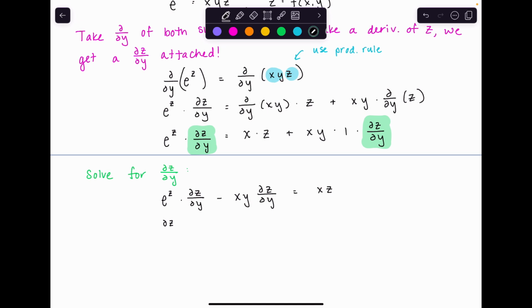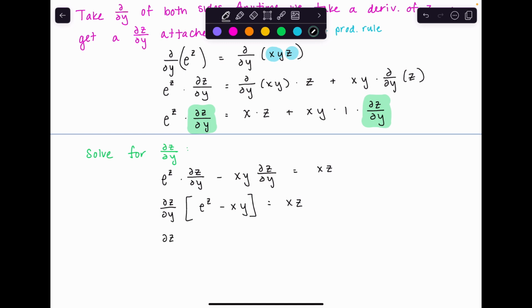And then you can skip this step, but factoring out that partial leaves us with e to the z minus xy equals xz. And then dividing through, we finally find what this partial is. So it's xz over e to the z minus xy. So we will see another way to do this very soon in the future, but the same ideas extend naturally.